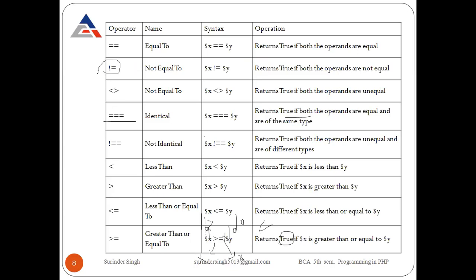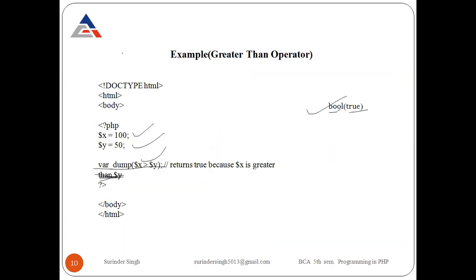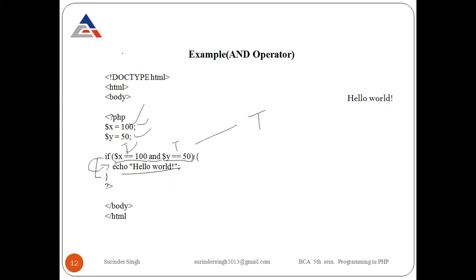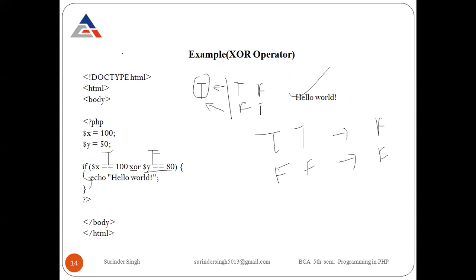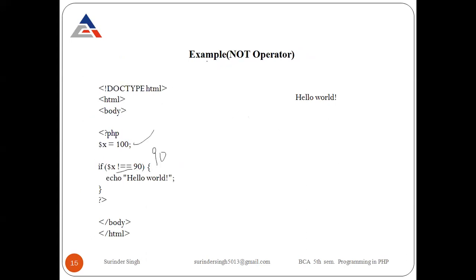You can also use this operator, not. X has value 100, so x is not equal to 90, so it returns true, and the if will be executed, and this line will be printed. Clear?